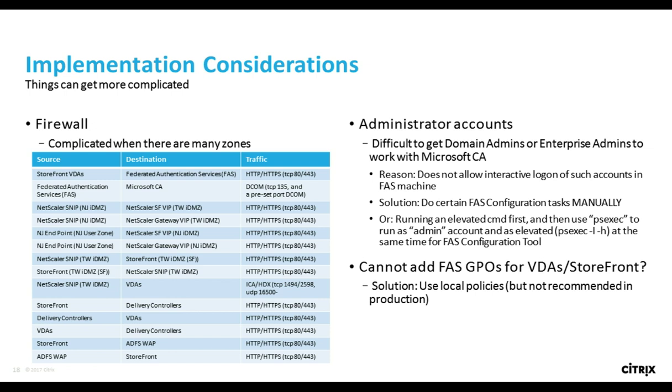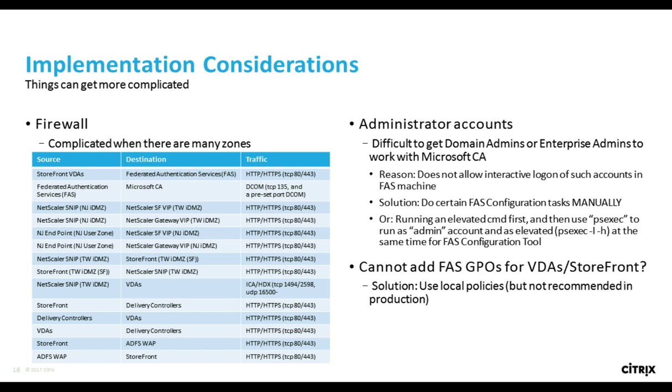From a solution perspective, you can have certain configurations from FAS that are done manually. You don't have to do everything from a click perspective, but you'd want to run some elevated commands first, and then use the psexec PowerShell commands to set up those types of accounts. You'll see them there. It's basically psexec -i -h at the same time for utilizing the FAS configuration tool.